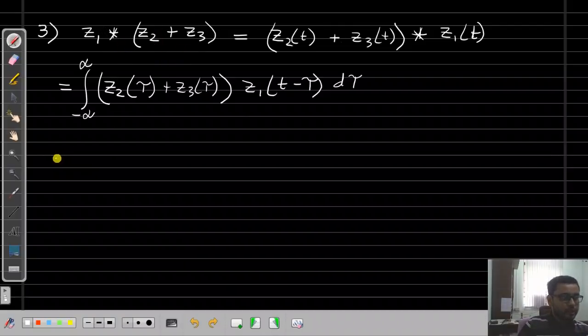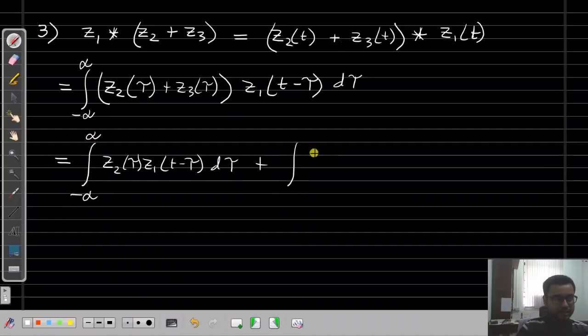Okay, so this then can be broken into two integrations: z2(tau) z1(t minus tau) d tau, this multiplied by that term, plus another integration z3(tau) z1(t minus tau) d tau from minus infinity to plus infinity.